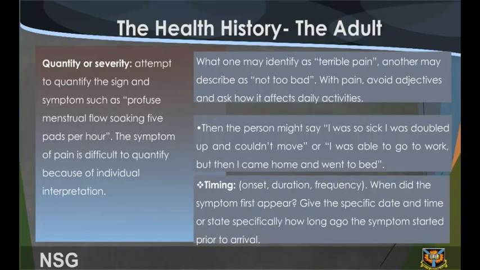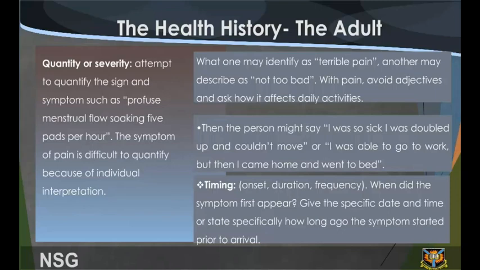Quantity or severity. Attempt to quantify the signs and symptoms, such as profuse menstrual flow, soaking 5 pads per hour. The symptom of pain is difficult to quantify because of individual interpretation. What one may identify as terrible pain, another may describe as not too bad.